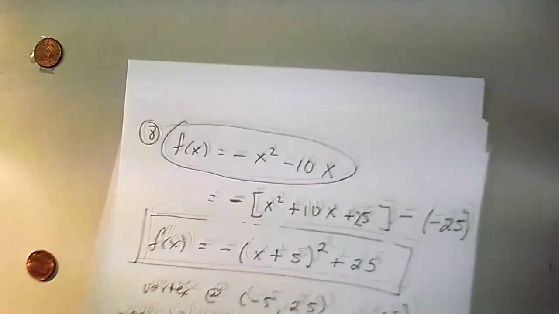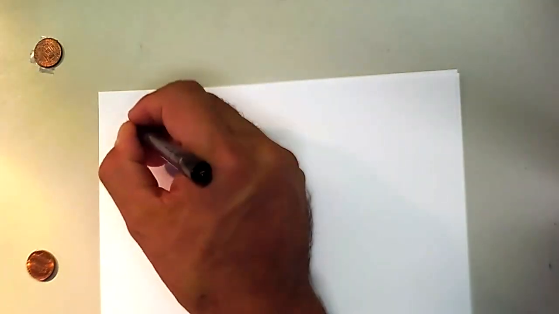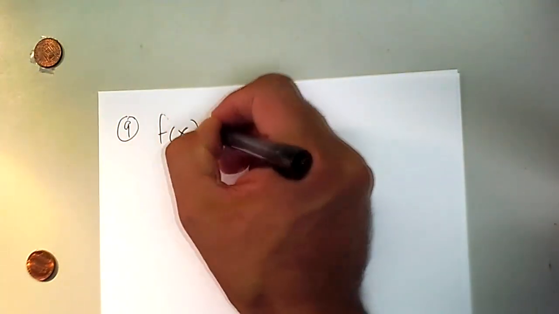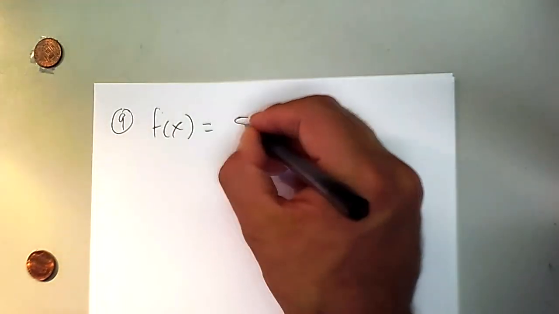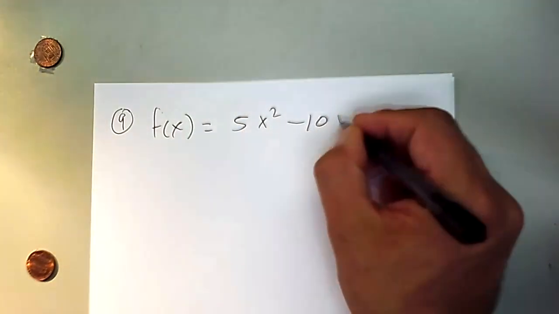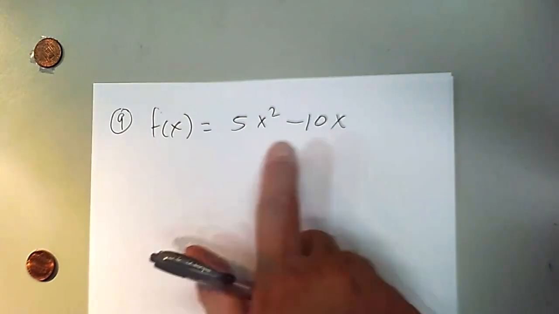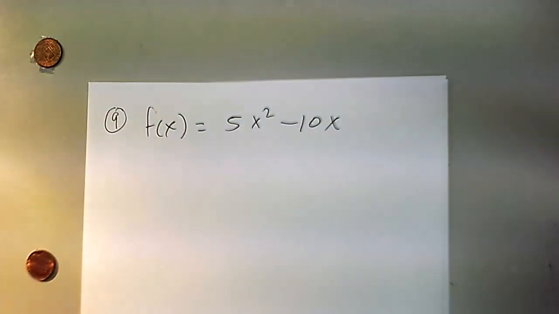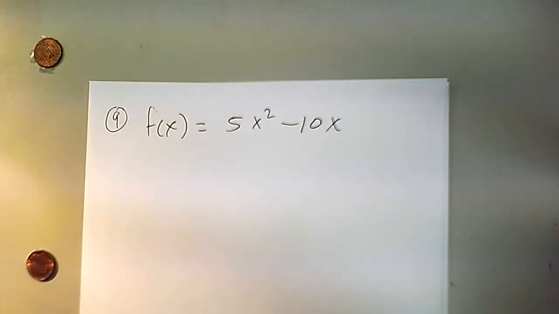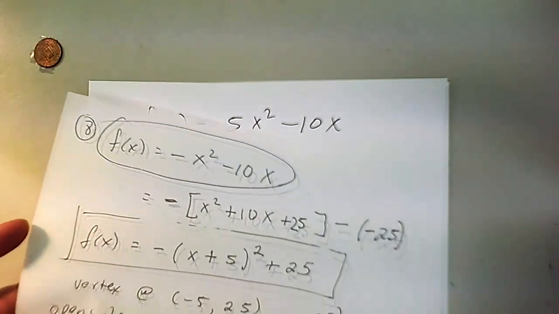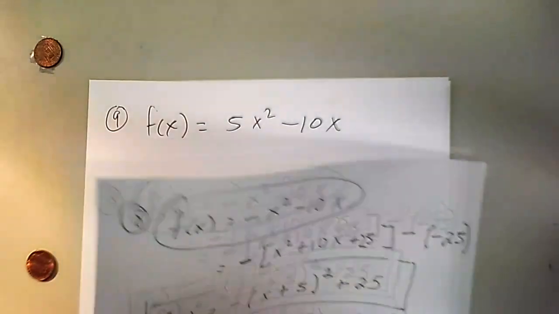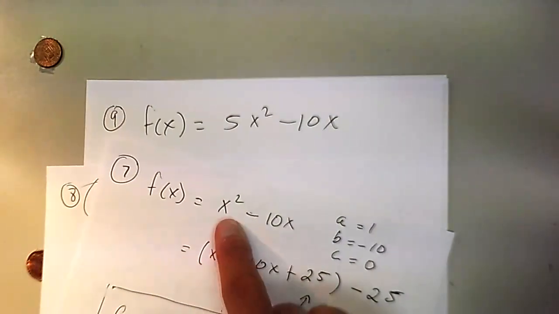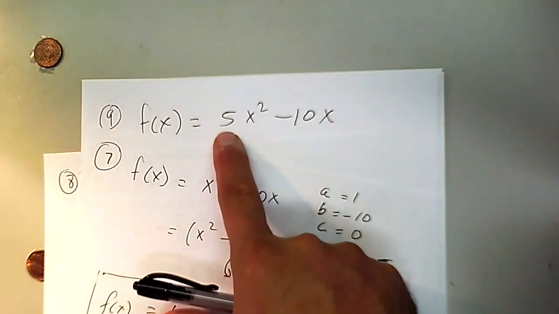Okay, another example. 9. f of x equals 5x squared minus 10x. So I'm leaving this the same kind of function as example 8, example 7, x squared minus 10x, except that we're now putting a 5 in front.